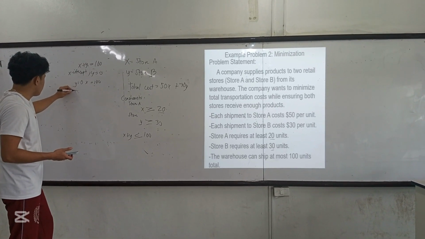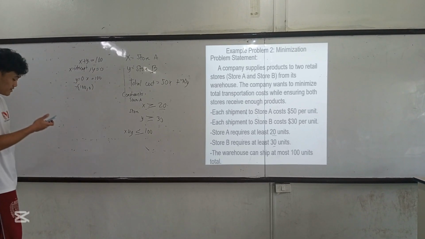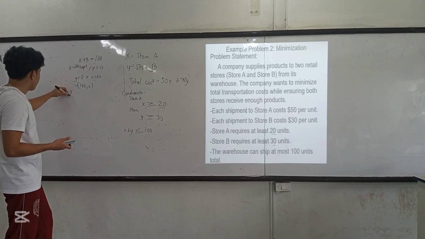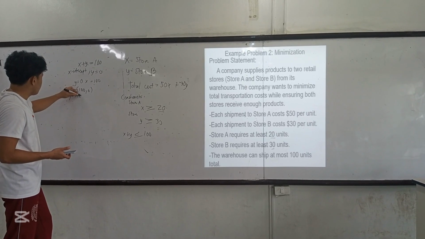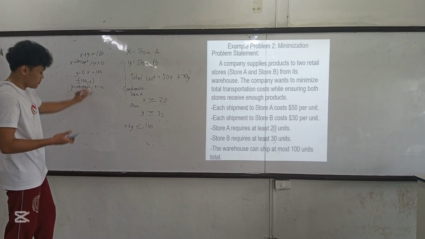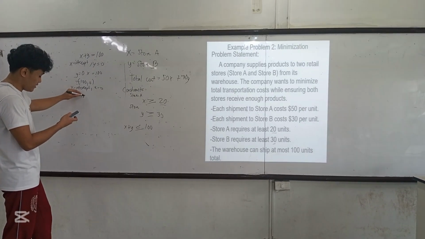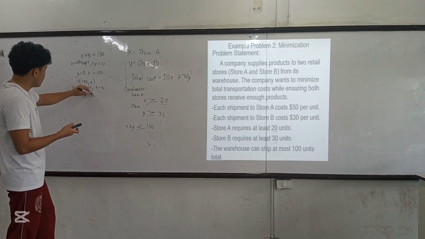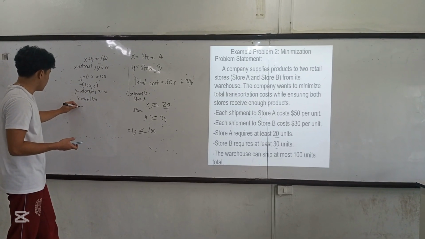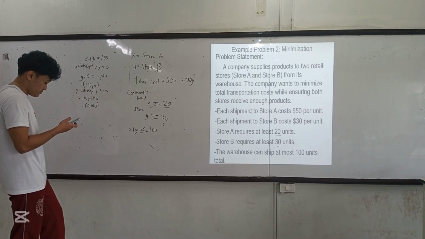Our point here is 100, 0. Next, let's find the y-intercept, setting x equal to 0. So x is equal to 0 while y is equal to 100. Our point here is 0, 100.